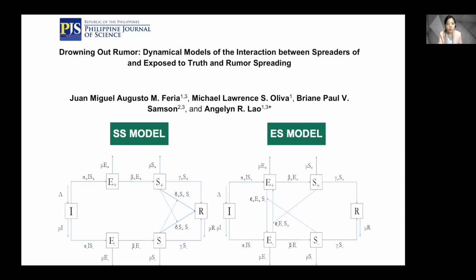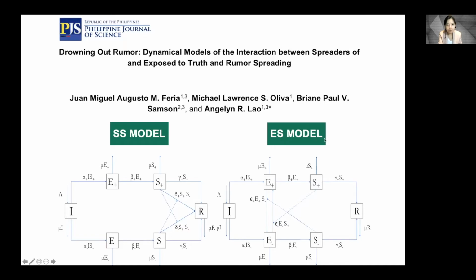So we formulated two mathematical models, the SS model and the ES model, based on the popular SIR model, which is extended to the SEIR model, where E is the exposed population. In the spreader-spreader model, what we see here is the interaction where the spreaders try to influence the opposing spreaders.